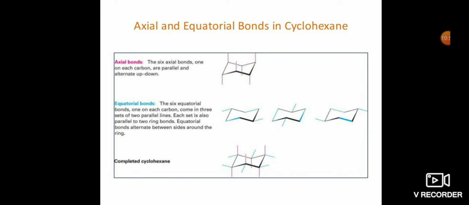Now we discuss about this equatorial bonds of cyclohexane. The 6 equatorial bonds, one on each carbon. So same like axial bond, each carbon has one equatorial bond, come in 3 sets of 2 parallel lines.